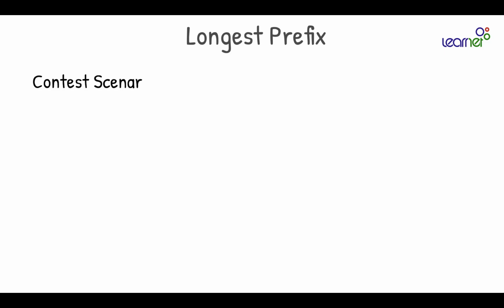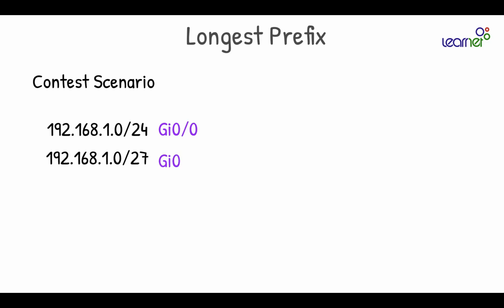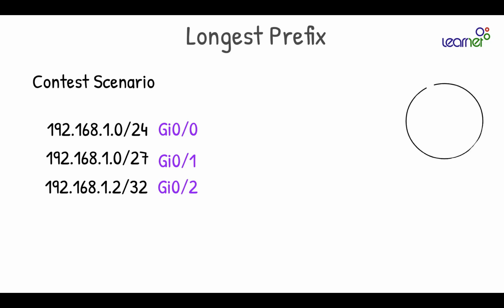Now let's look at the concept of the longest prefix match and how routers use it to make routing decisions. Here is the scenario. We have 3 routes in the routing table. 192.168.1.0/24, which is routed out of gig 0/0. 192.168.1.0/27, which goes out of 0/1, and 192.168.1.2/32, which is a host route, and it is going out of gig 0/2.